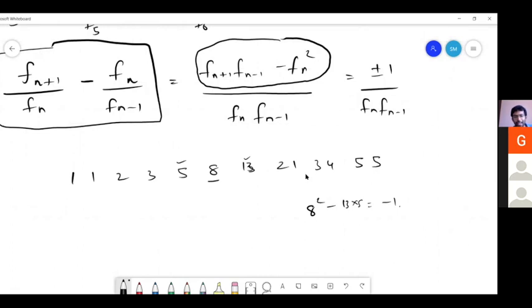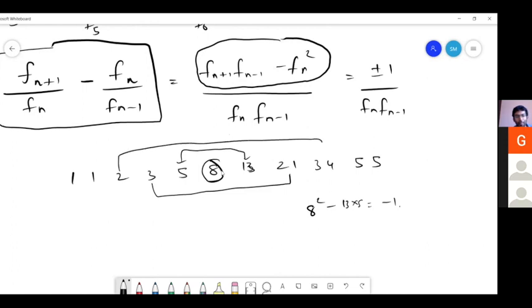Now instead of taking 8 squared, we'll fix this 8. Instead of taking the product of 5 and 13, what will happen if you take the product of 3 and 21? What will happen if I take the product of 2 and 34? 1 and 55. And take the difference from 8 squared. Is there any pattern there?